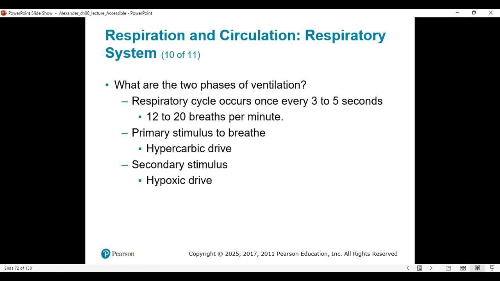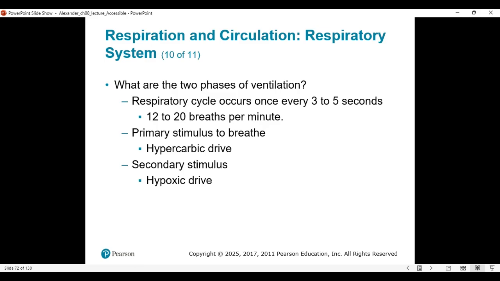Two phases of ventilation: inhalation and exhalation. The respiratory cycle takes 3 to 5 seconds, which gives us 12 to 20 breaths per minute. What is our primary stimulus to breathe? What makes us want to take a breath is our hypercarbic drive, which is your brain.